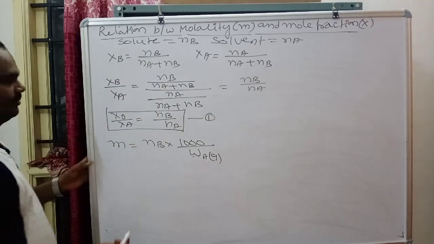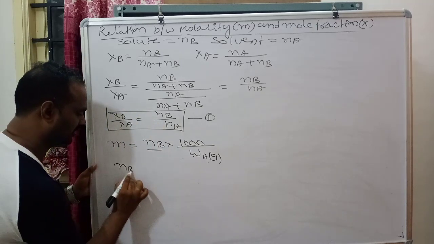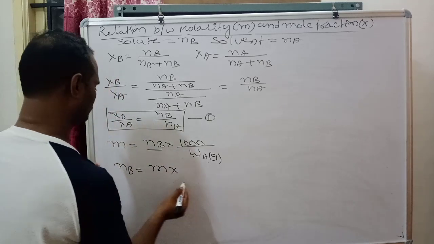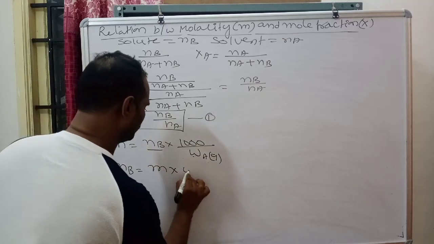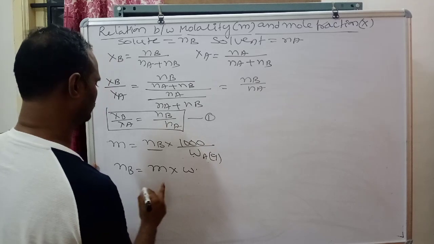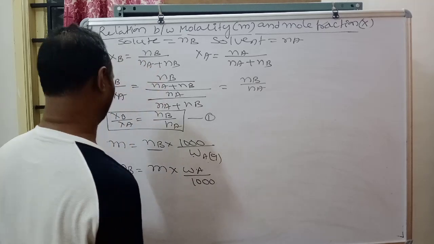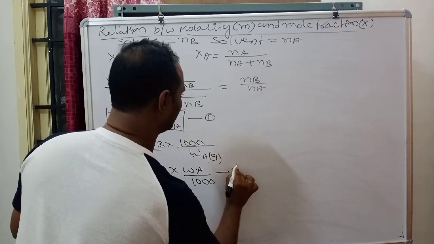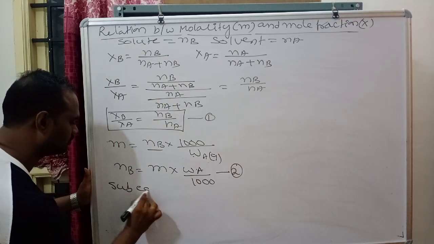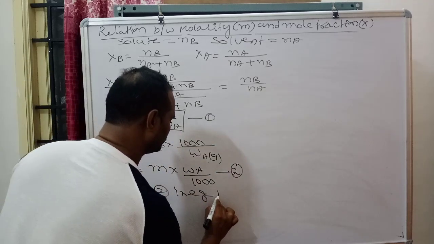From this formula, I want to separate the number of moles of solute NB. NB is equal to m into WA by 1000. This is considered as equation 2. Now substitute equation 2 in equation 1.